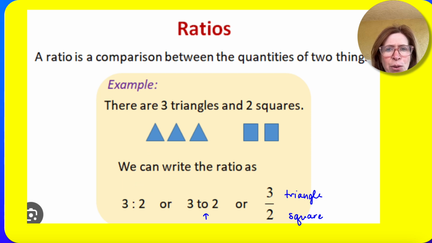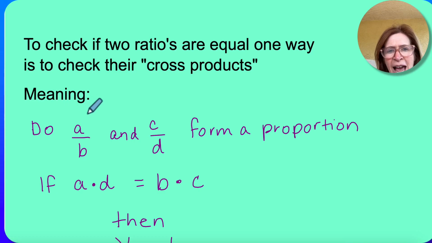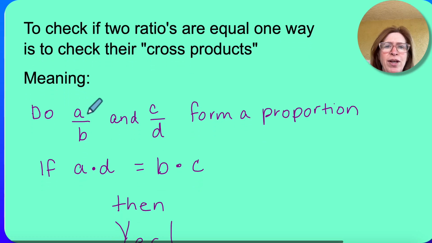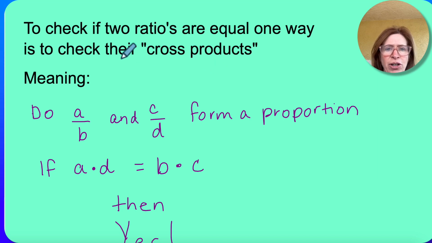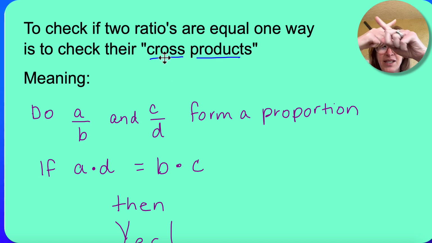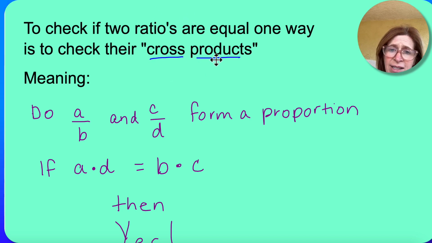All right, so today we're going to talk about proportions, though. To check, first I want to know, how do I know if two ratios are equal to each other? One way to do that is to check what we call their cross products. Cross means like crisscross, and products means multiply. Remember, that's the word that means multiply. So here's what I mean.